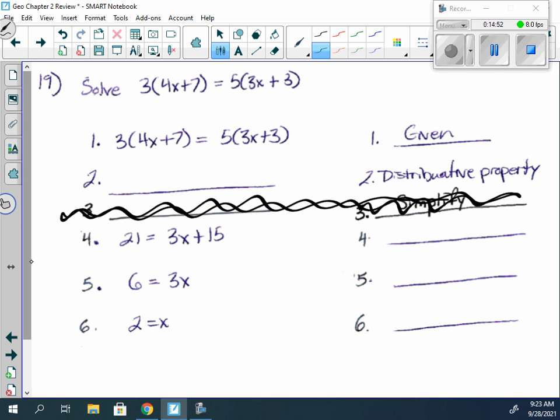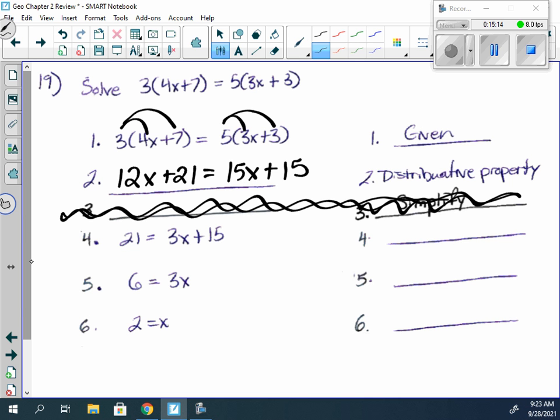Because you could have added x to both sides or subtracted x. Now here the first step is going to be our distributive property, multiplying through. Well, 3 times 4x is 12x. 3 times 7 is 21, is equal to 5 times 3x, which is 15x, and 5 times 3 is 15.